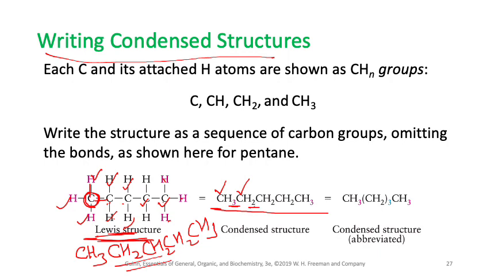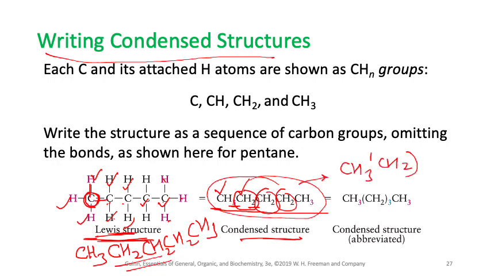There's another way of writing the condensed structure, because sometimes you have to write CH2, CH2, CH2 multiple times, so we can abbreviate this CH2. How many CH2 do you have in this entire molecule? I have 1 CH2, 2, 3. Can I write this structure like this? CH3, CH2 in parentheses 3 times, and then CH3.